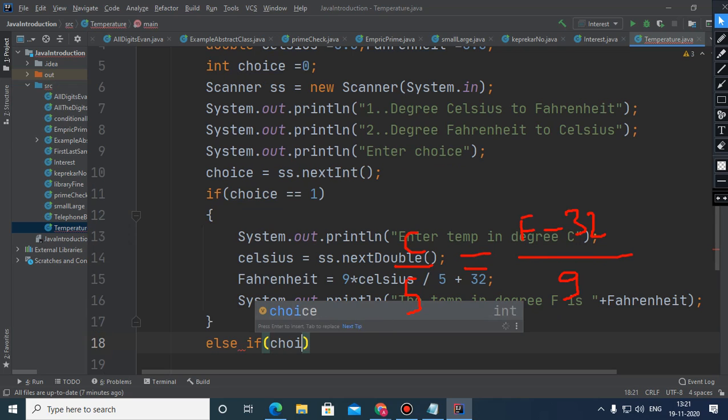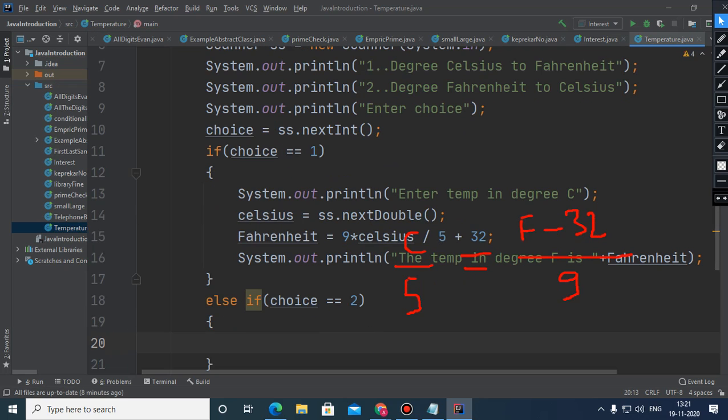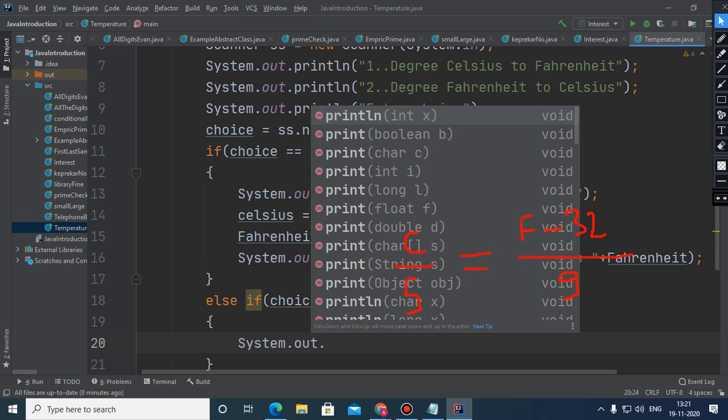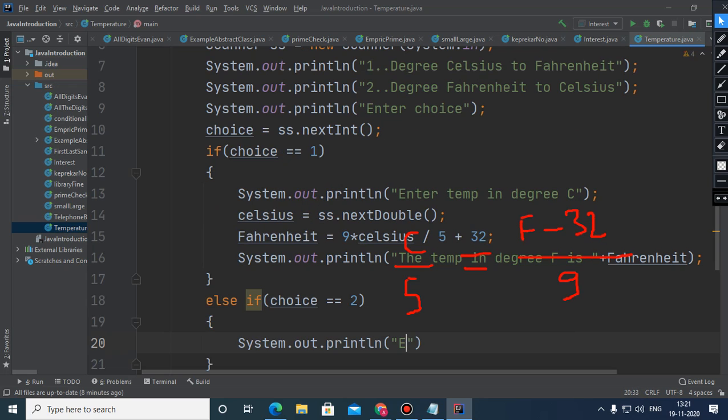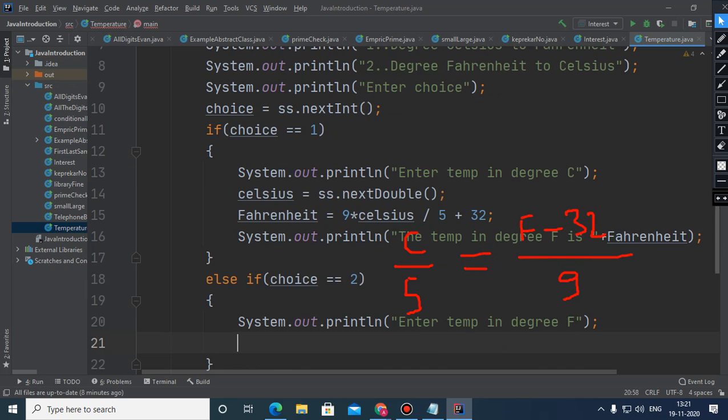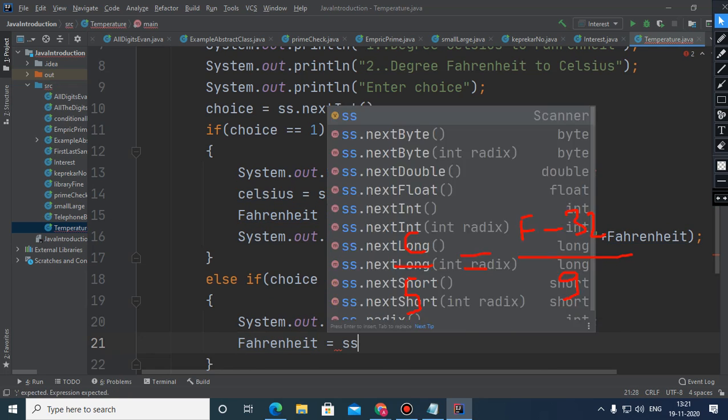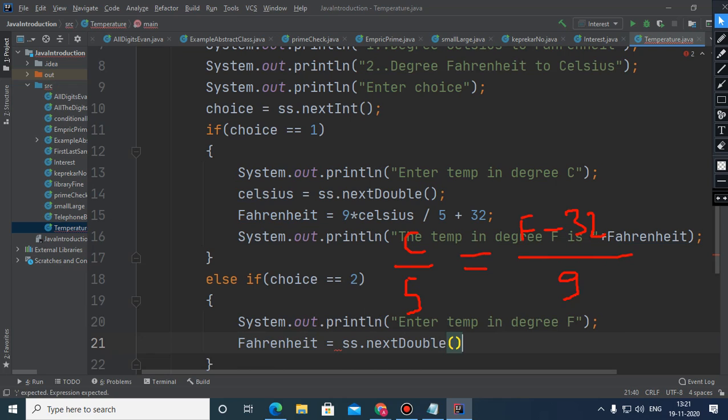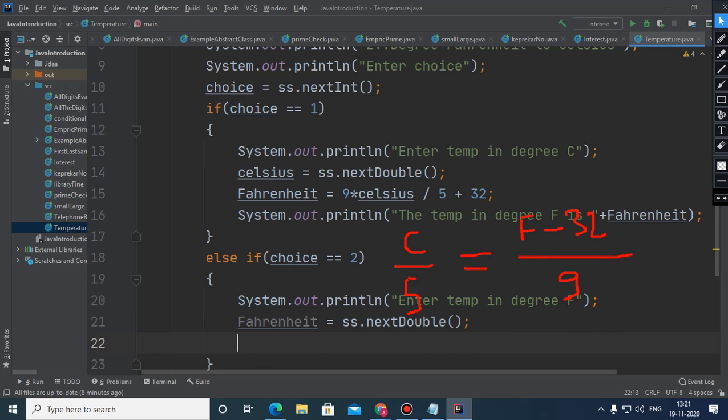So else if choice is two, then what to do? Enter temp in degree F, and that is Fahrenheit is ss.nextDouble, and now apply the formula for Celsius.